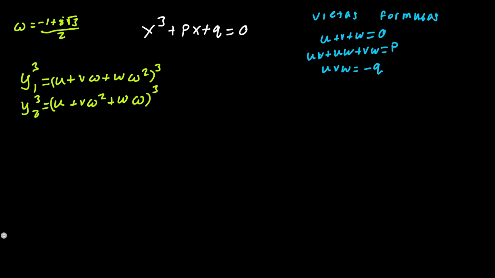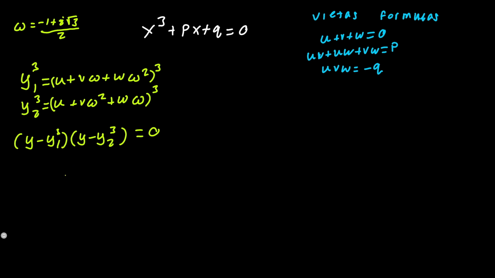And normally we would have to expand the trinomial raised to the third for y1 and y2, but we're going to skip all of that algebra. If we rewrite our quadratic in its factored form, we'll have y minus y1 cubed times y minus y2 cubed, and it is equal to 0.